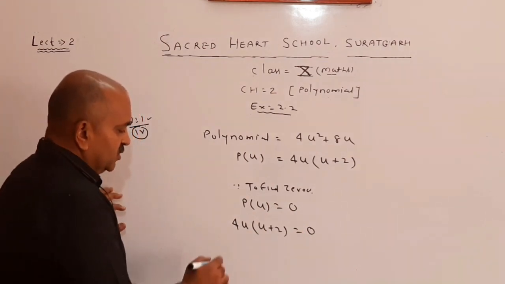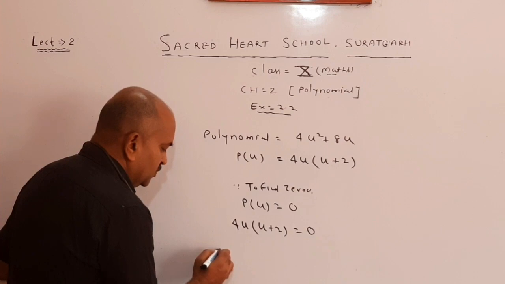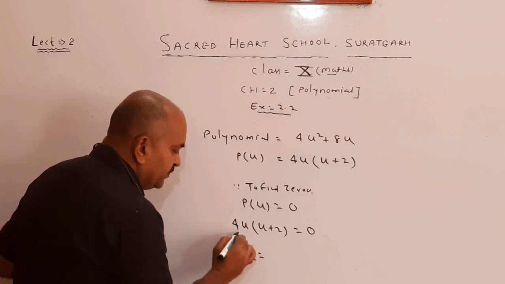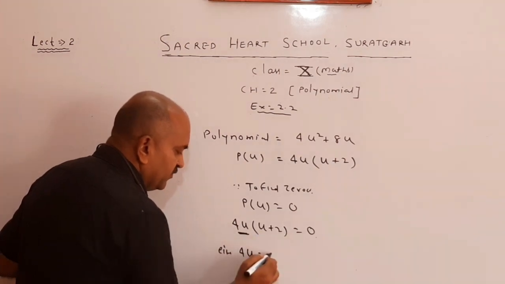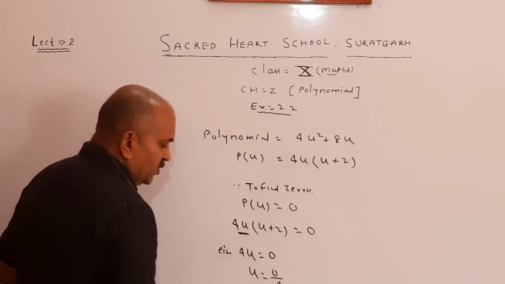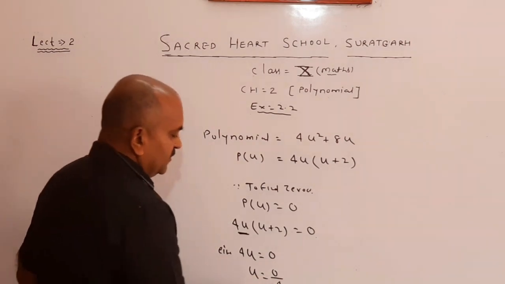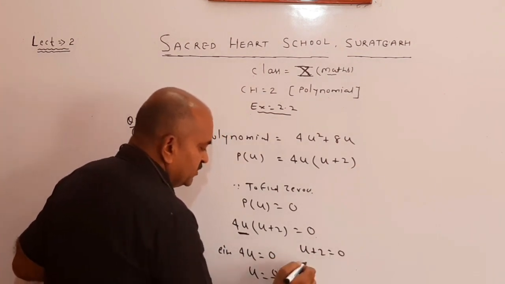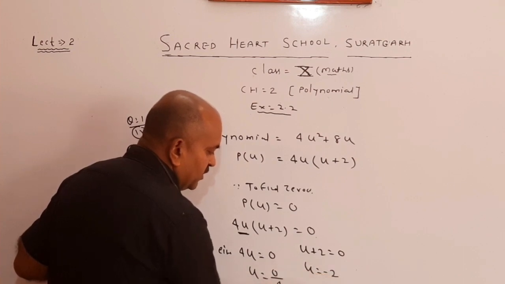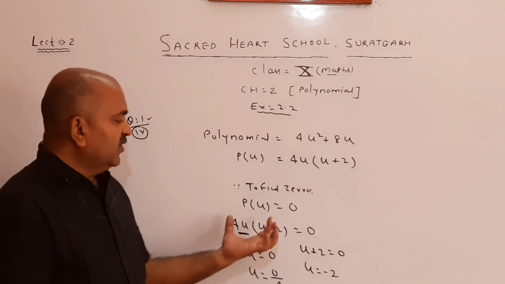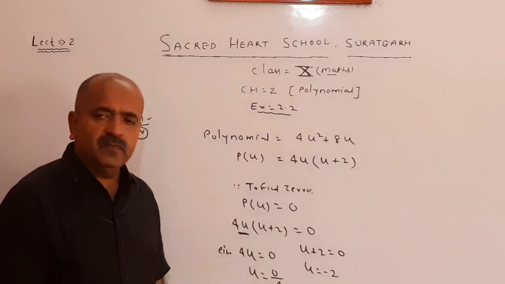Now we find zeros of this polynomial. First, either 4u equals 0, so u equals 0 by 4, so u equals 0. Then we take u plus 2 equals 0, so u equals minus 2. Okay, students? First we find zeros of the polynomial.